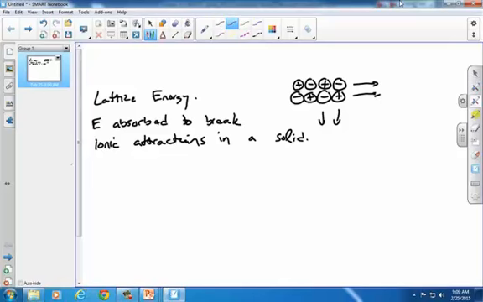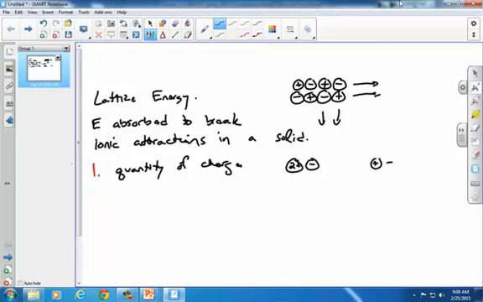So the factors that affect that: the biggest factor is the quantity of charge. So the more charge we have, the higher the lattice energy. If you have ions with a +2 attracting to a -1, that should have probably more lattice energy than something with a +1 and a -1.